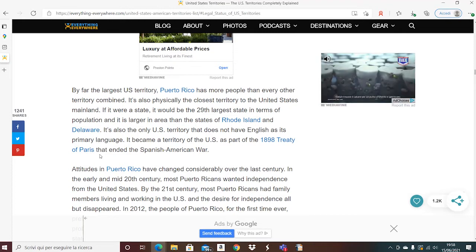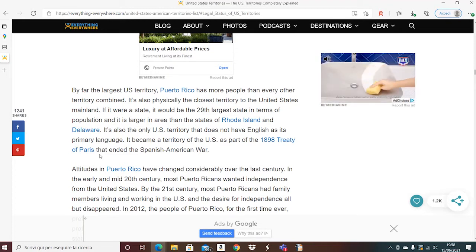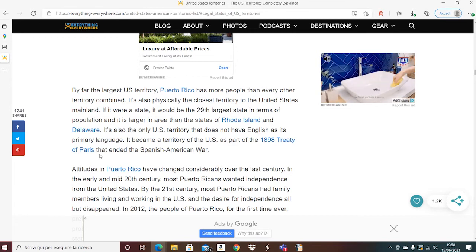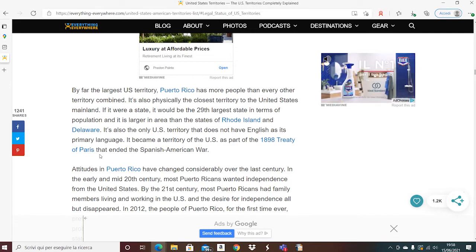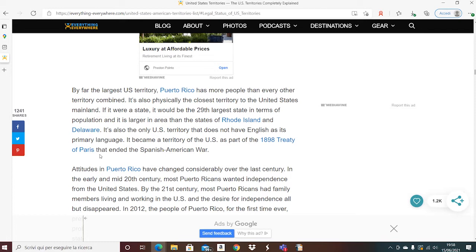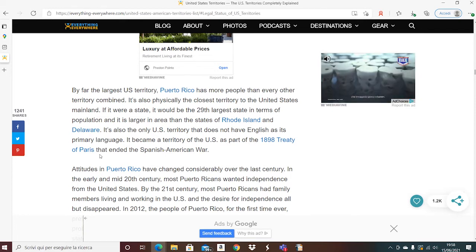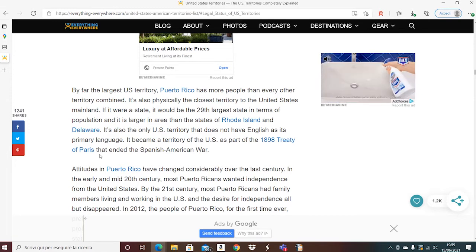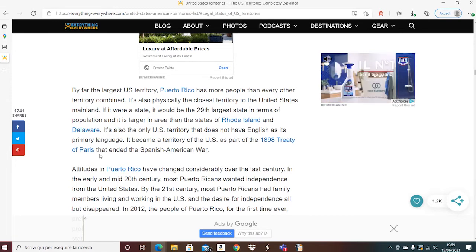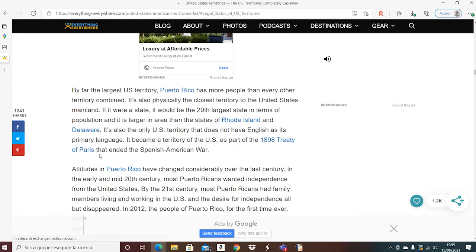If it were a state, it would be the 29th largest state in terms of population, and it is larger in area than the states of Rhode Island and Delaware. It's also the only US territory that does not have English as its primary language.